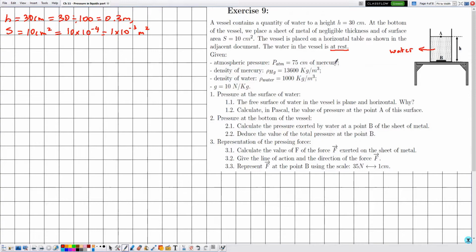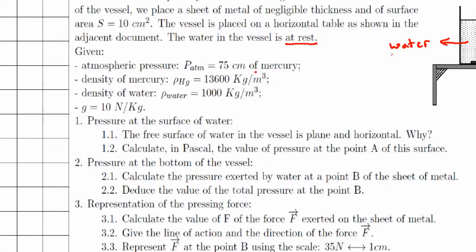Now, given that the atmospheric pressure is equal to 75 centimeters of mercury, notice that the quantity which represents the pressure is not in agreement with the unit, which is centimeters, because we know that the unit of pressure is given in the SI by Pascal or Newton per meter square, whereas centimeter represents the unit of height or depth. So from the very beginning we need to rewrite this properly.